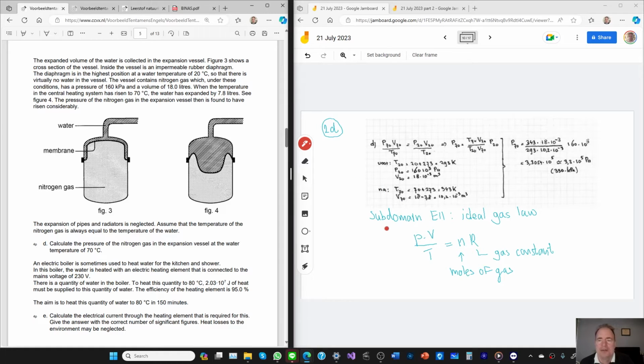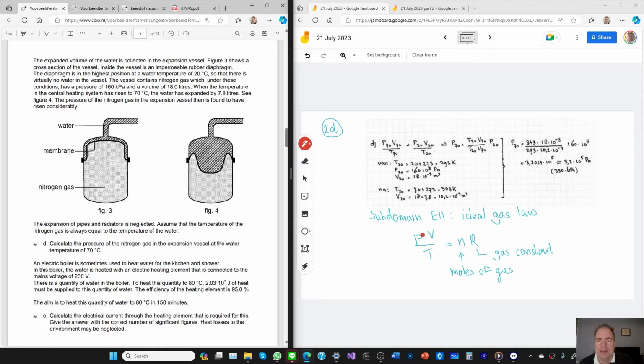What you need to know for sure, and will come back in many exams, is the ideal gas law, which says that P times V divided by T is constant. That's sufficient to use here. You just require that at 70 degrees and at 20 degrees, this ratio is the same.